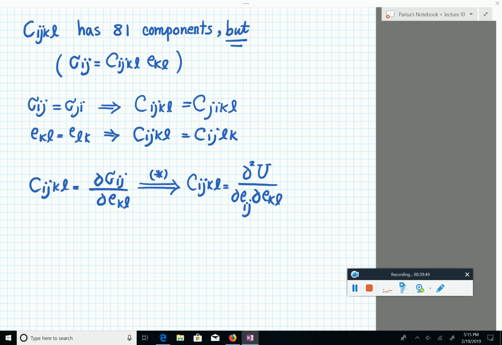Now, I guess you see what I want to do next, right? I want to use the fact that U is a potential function. If it is differentiable 2 times, can we switch the two? Yes.